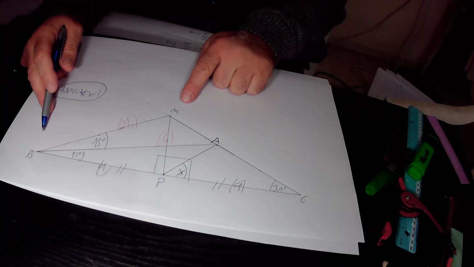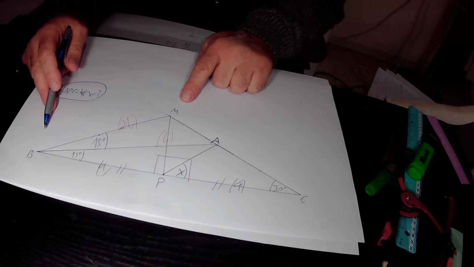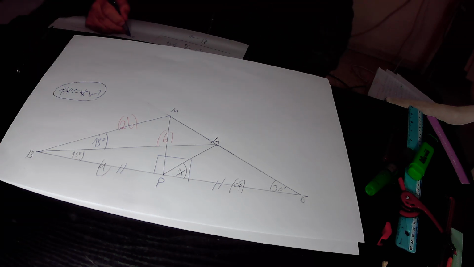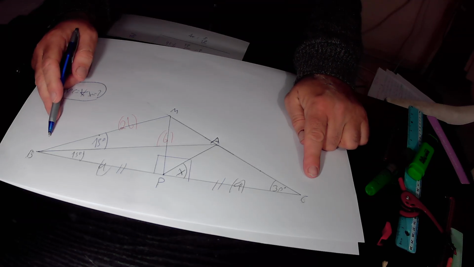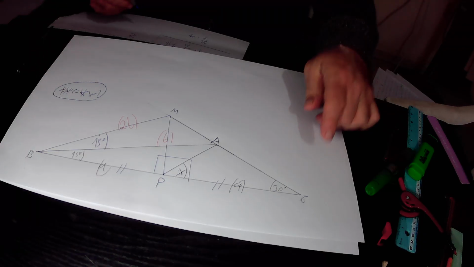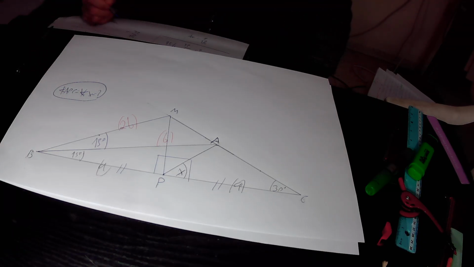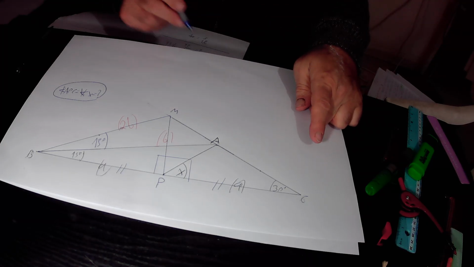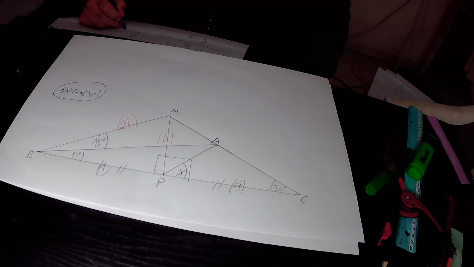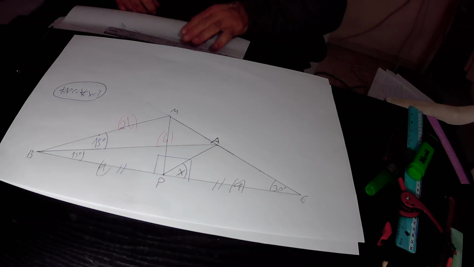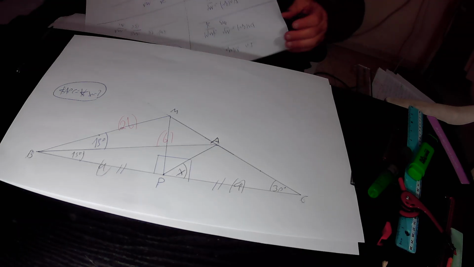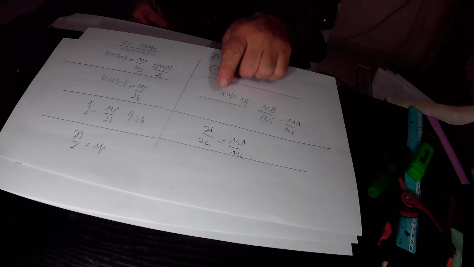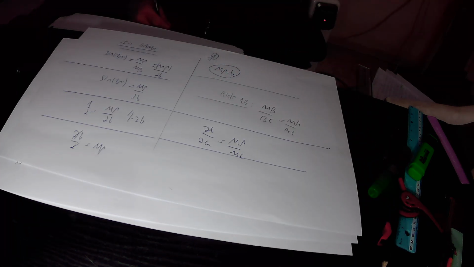According to our definition, MB equals 2B, so we substitute MB by 2B over BC. BC in total equals A plus A, that is 2A. And it equals MA over MC. So in total, we found that according to the angle bisector theorem, 2B over 2A equals MA over MC.